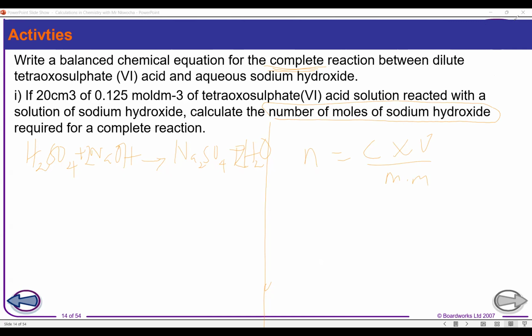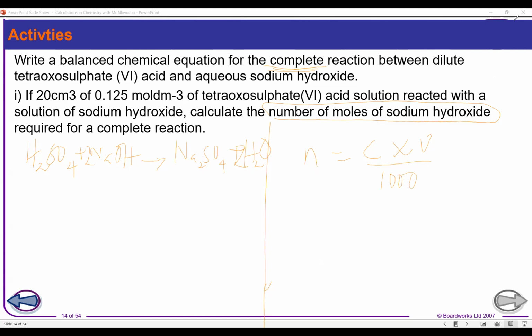That means if I can know the number of moles of acid, I can compare it to the number of moles of base, because they did not give me the volume of base, they did not give me the concentration of base, they did not give the molar mass of the base. Did I just say this formula is very wrong? I need to correct something in this formula before somebody watching this video will kill me. It should be over 1,000. Pardon me.